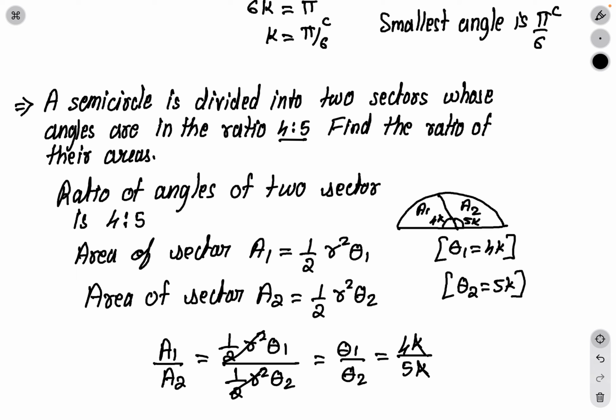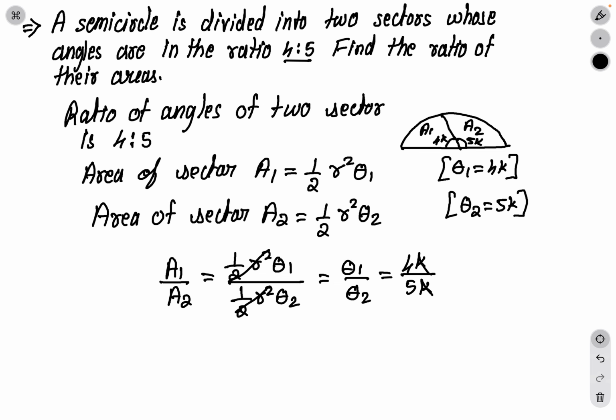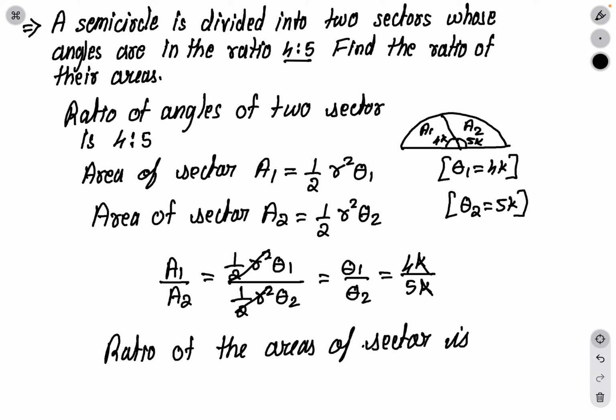K will get cancelled. So the ratio of the areas of sector A1 is to A2 is equal to 4 is to 5.